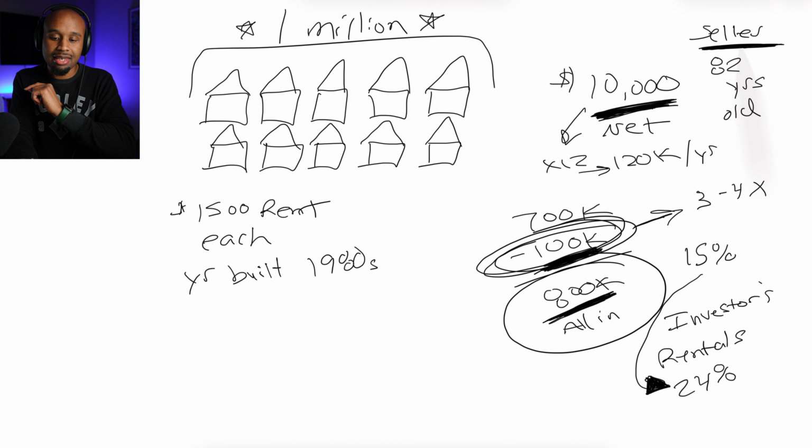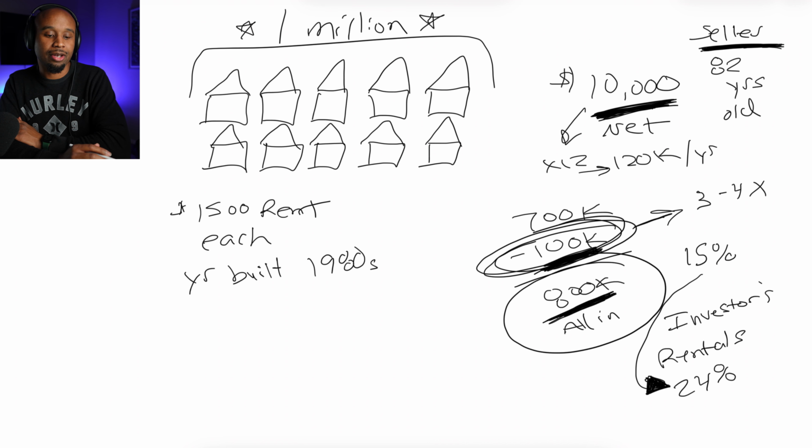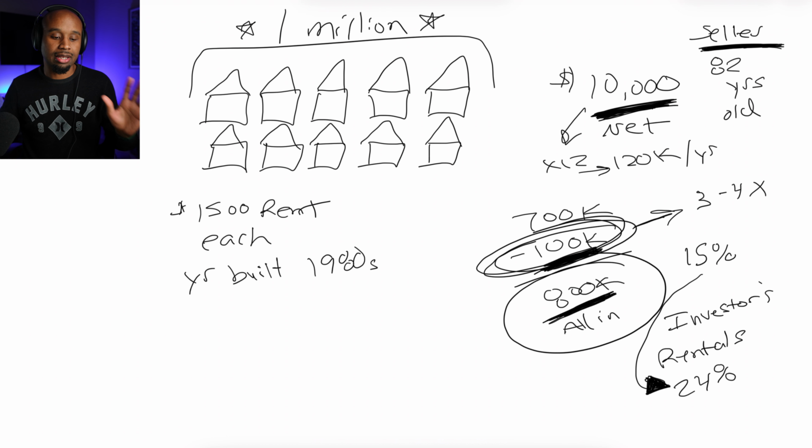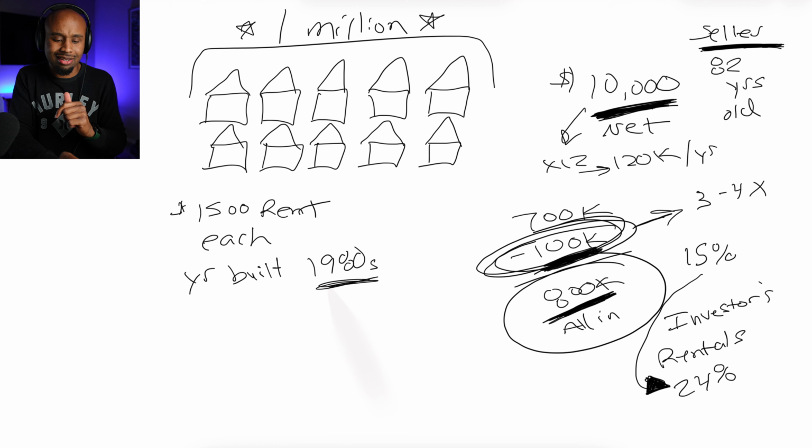He had respect for his tenants. He sent us a couple pictures of a few of his houses, and they all looked good. Like I said, they were built in the 1980s, all around the same time, so they were in okay condition inside.